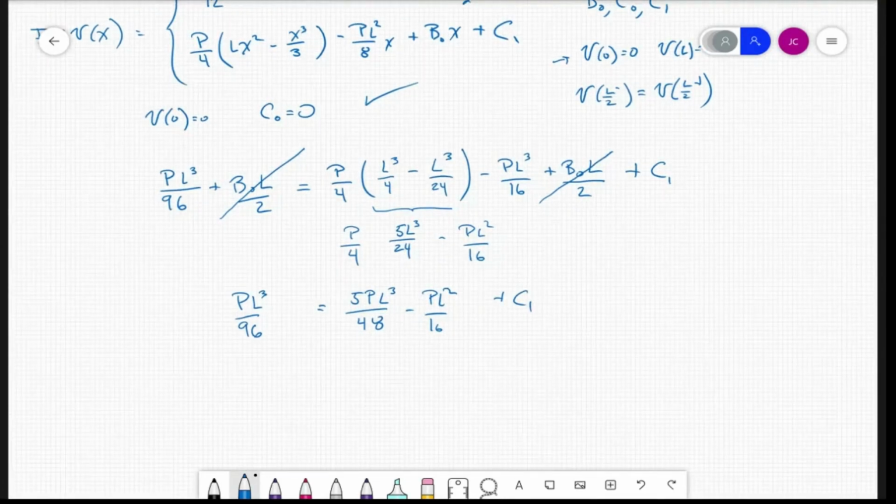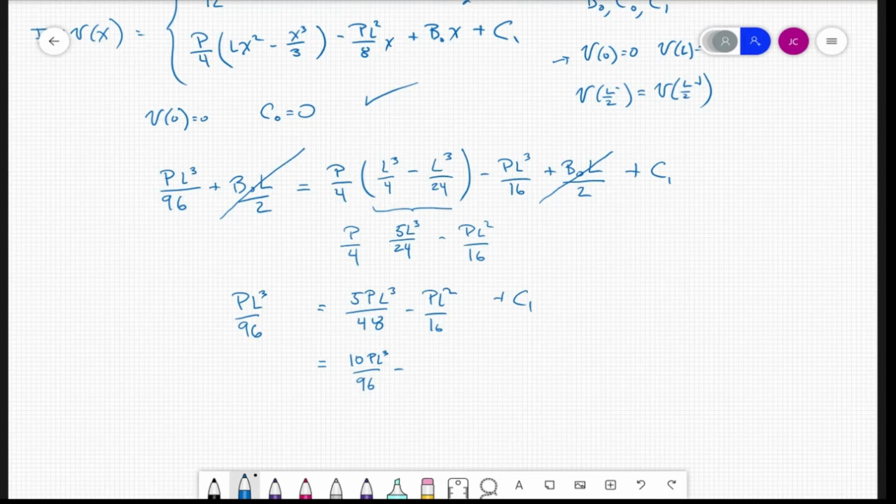All right, so 96. So this is 10 PL cubed over 96, correct? And then 16 goes into 96 7 times? Is that what it is?